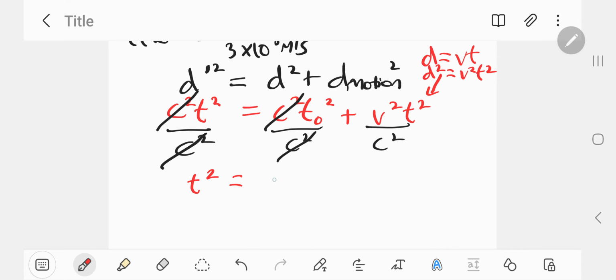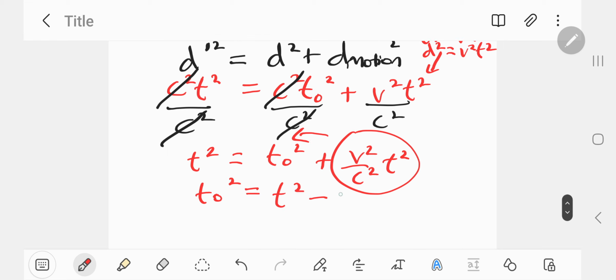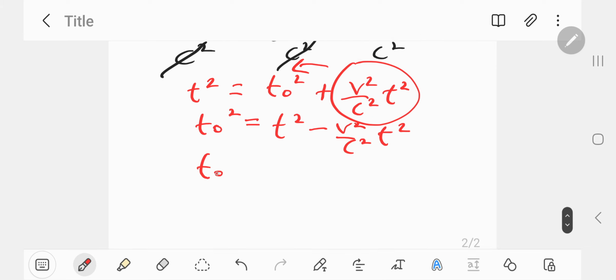t squared is t sub naught squared plus v squared over c squared t squared. Let's tidy up this mess using some algebra. Let's take this term over to the left-hand side. t squared minus v squared over c squared t squared equals t sub naught squared.